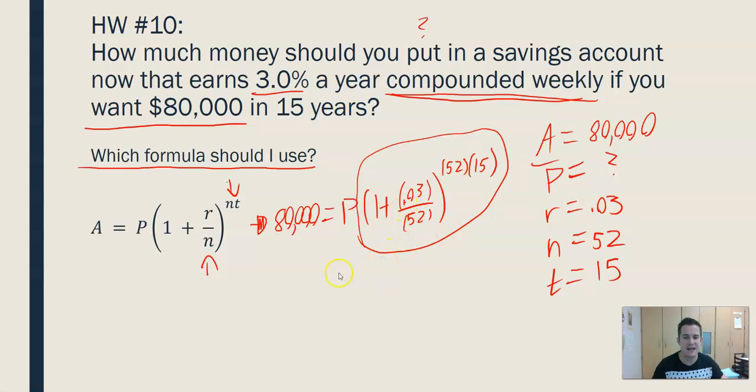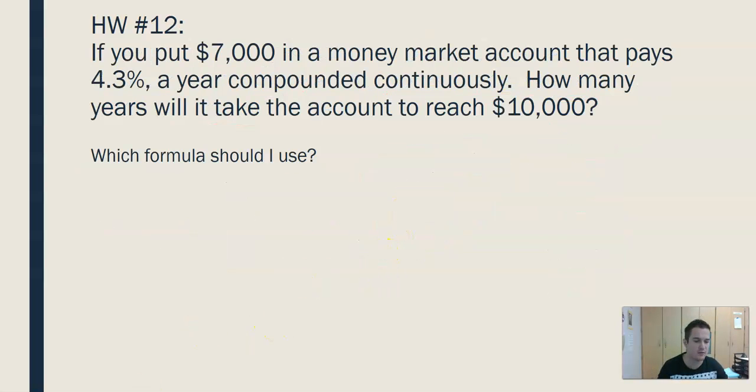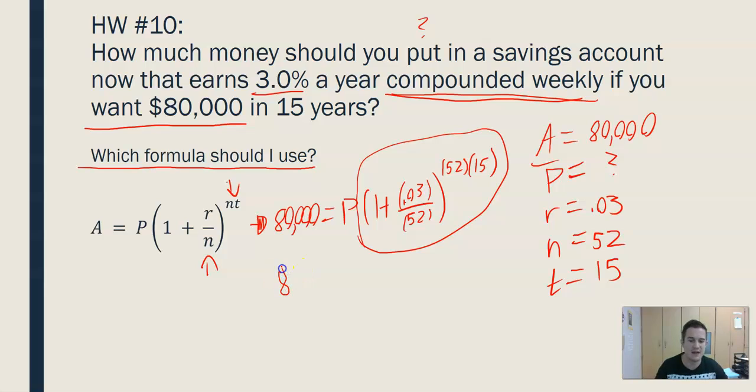When I type that in my calculator, I get 80,000 equals P times 1.5681. And remember, when you type that in your calculator, make sure to be real generous with those parentheses.